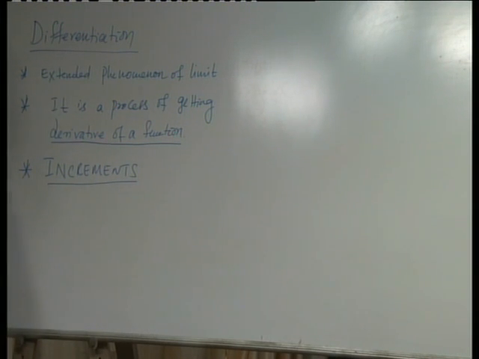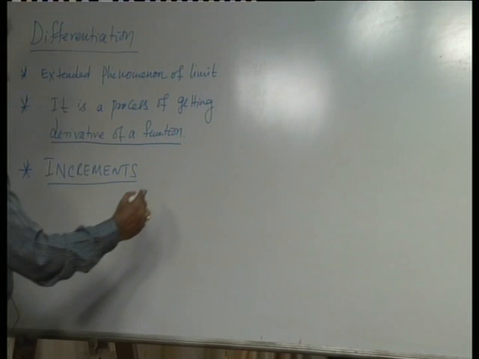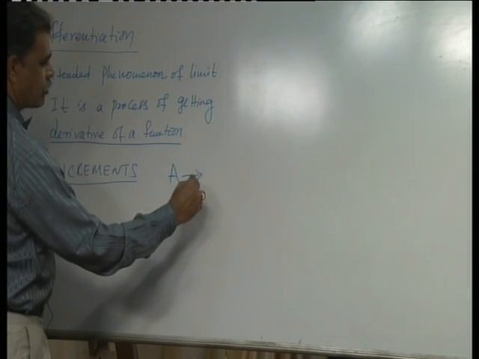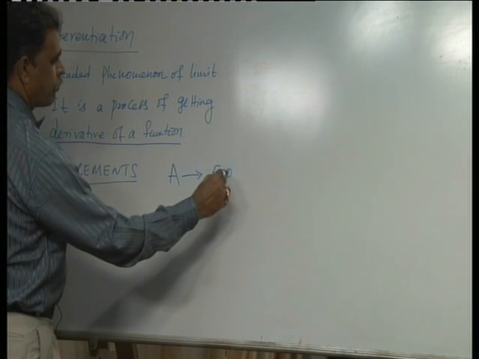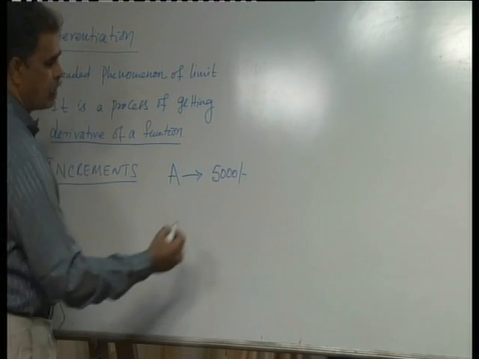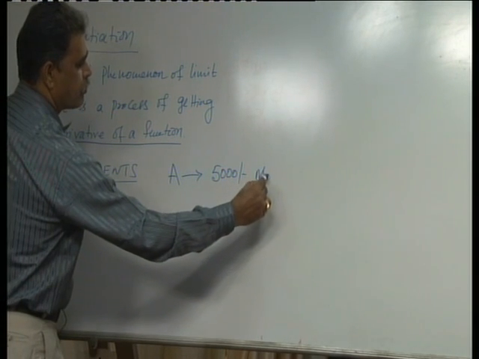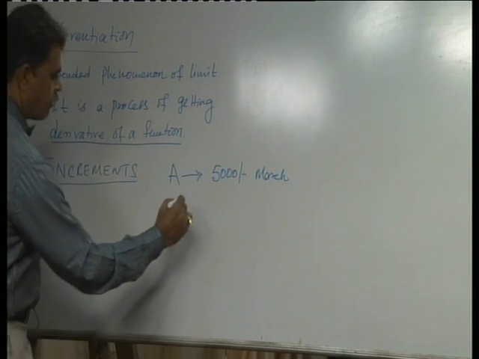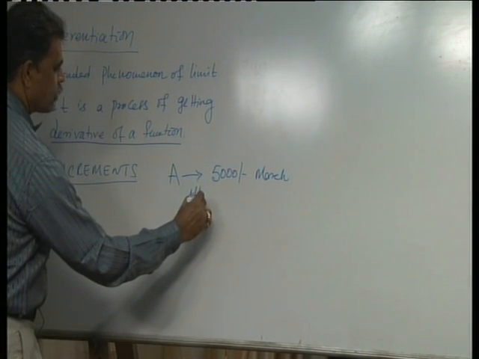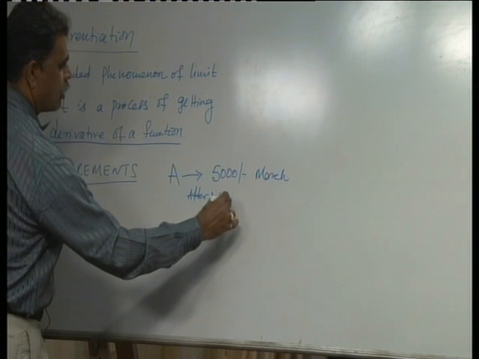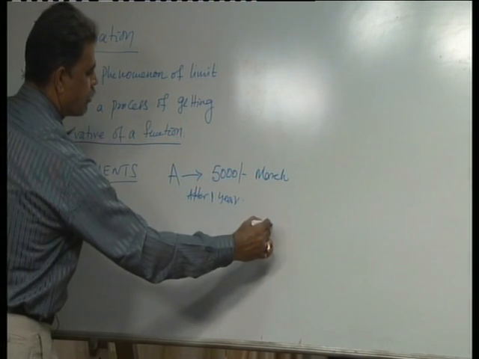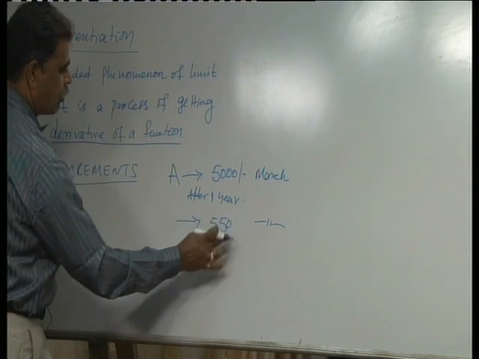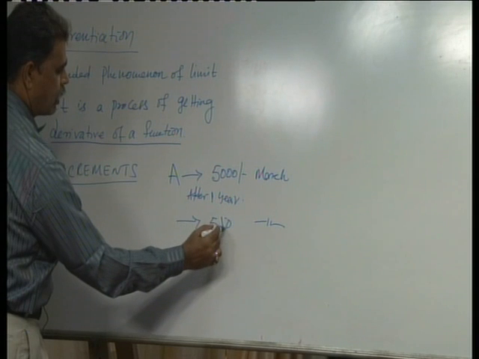Increment. What is increment? If you take generally a person A is drawing a salary of 5,000 for the month of March. After 1 year, again for the same month the salary will be 5,500, or you can call 5,100.